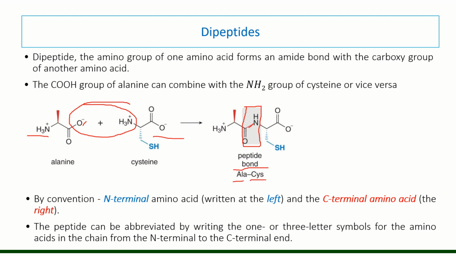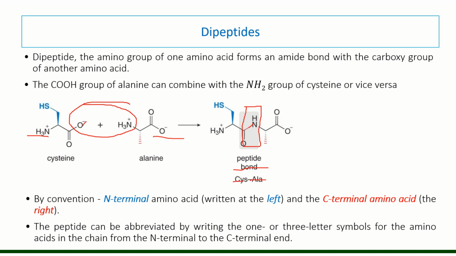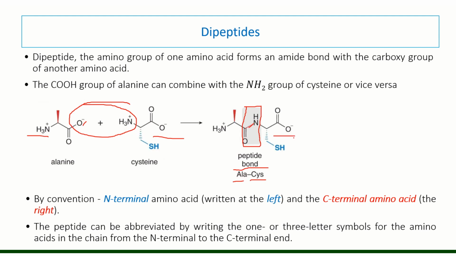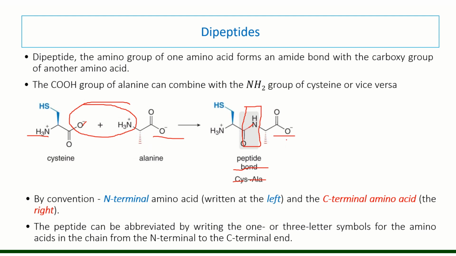So it's Ala-Cys. The reverse could happen as well, where the cysteine is at the N terminus and the alanine is at the C terminus. Alanine-cysteine, cysteine-alanine. Exactly. Totally different combination, totally different properties.